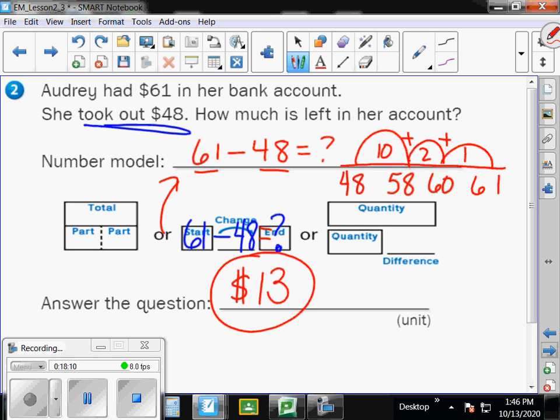Would that make sense? It says how much money is left in her account. Does it make sense to have more than $100 left in her account when she spent some? So my answer makes sense because I know that my answer should be less than my numbers in the problem because I took out that 48.